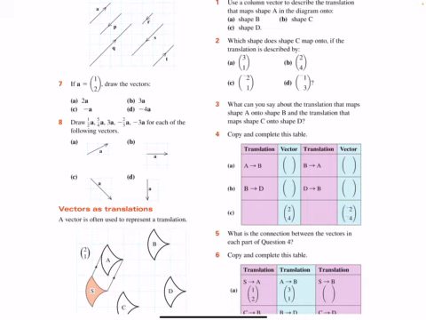If I'm standing at 0, 0 on the axes, and I move it 2 to the right and 1 up, where is it now? It's at 2, 1. It was at 0, 0, and I moved it.